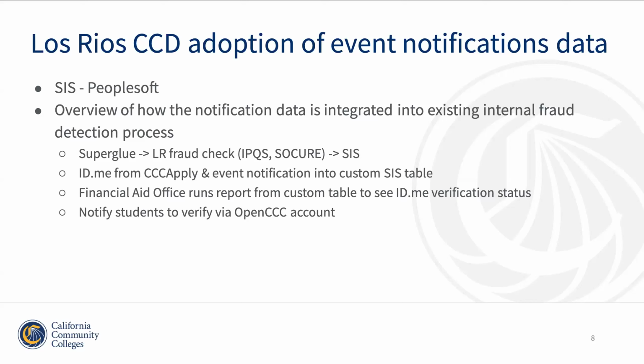Did they validate their identification properly? They would give students options: either come into the office in person, or we can direct students back to Open CCC so they can go through the ID.me process outside of the application process, and we can get the data.